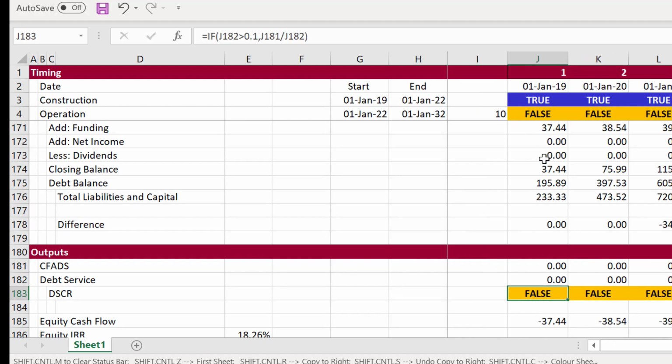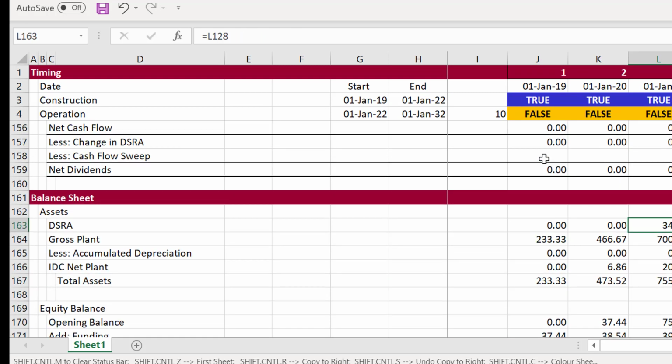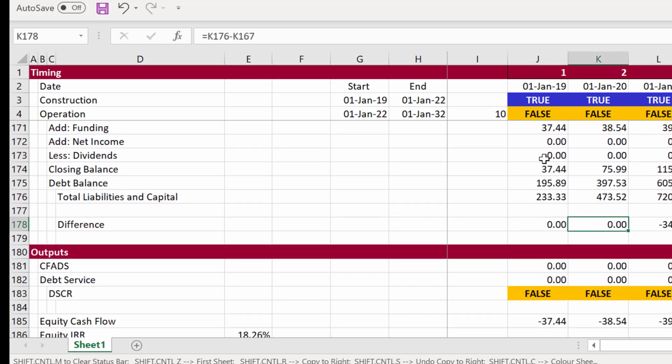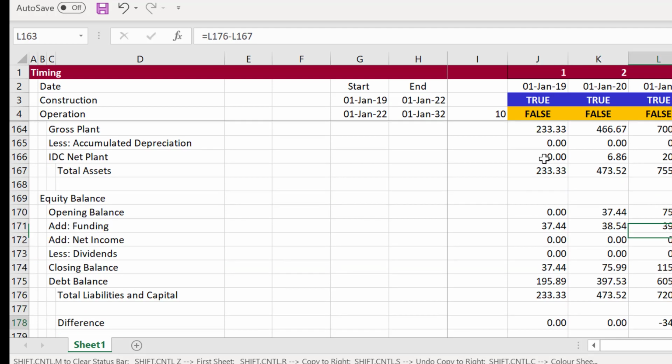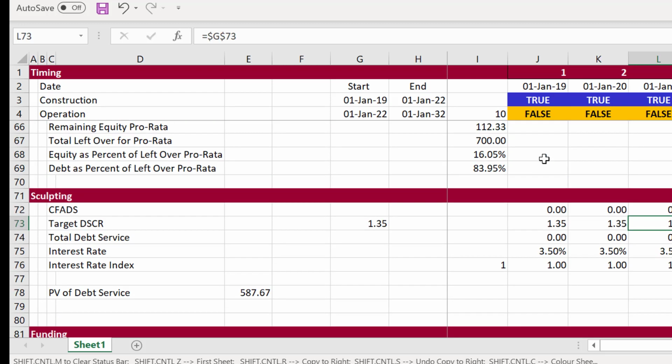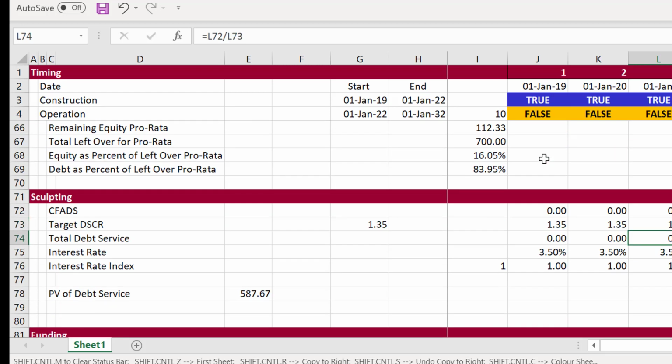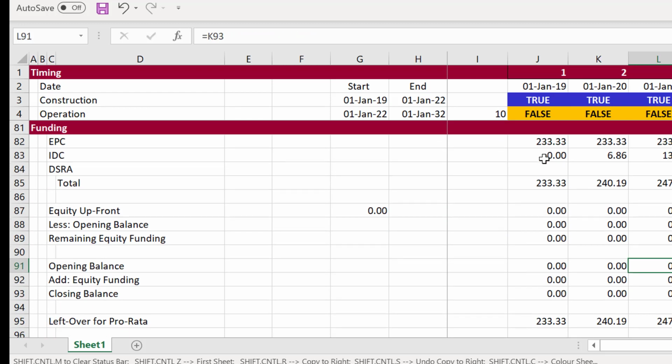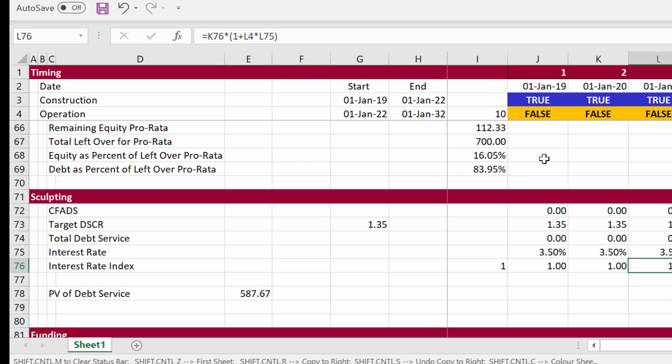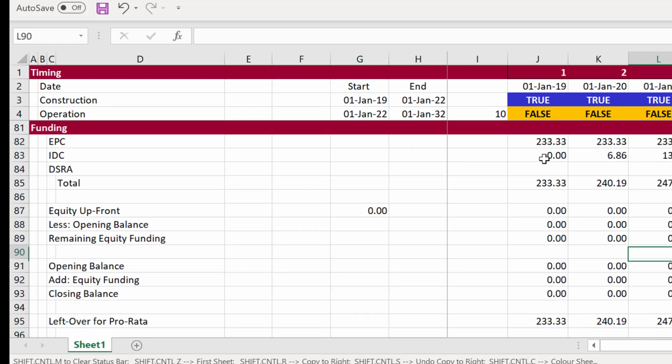But we still have a problem here. We have a 34 problem here, which is the DSRA. And I think that might cause a circular reference problem. So let's put the DSRA funding. Oh, look at me. I'm afraid now. Now I'm really, really afraid.